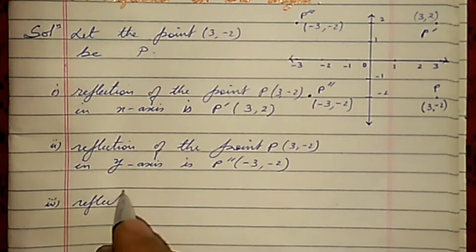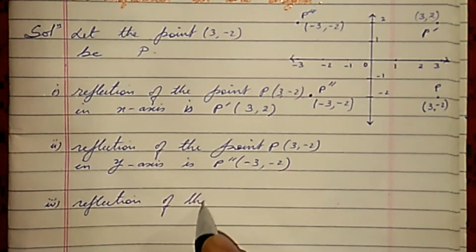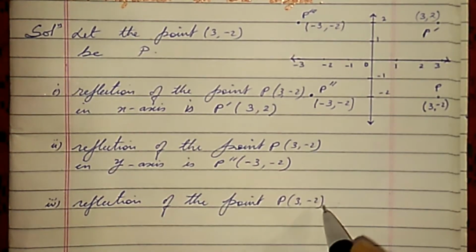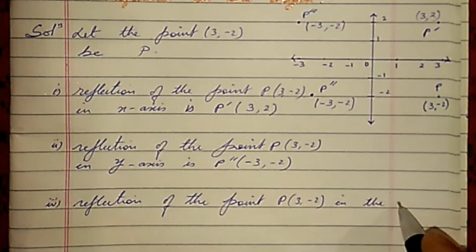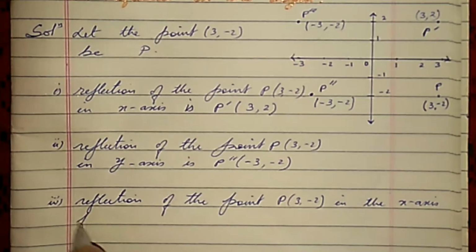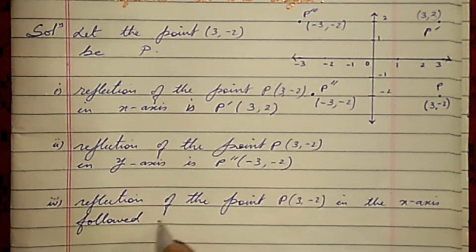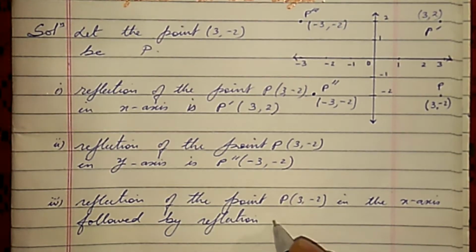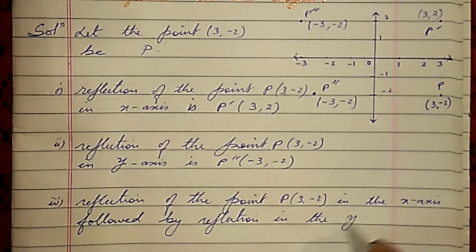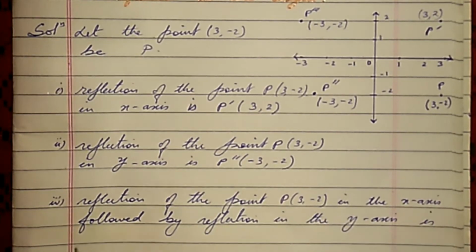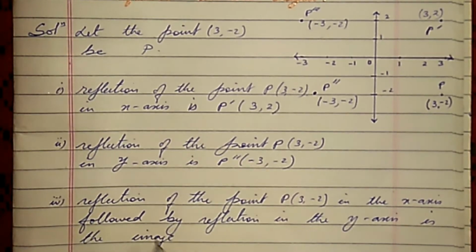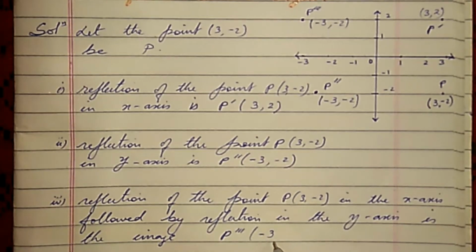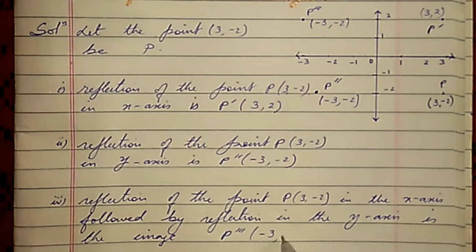So the reflection of the point P (3, -2) in the x-axis followed by reflection in the y-axis is the image P3 prime, and its coordinates will be (-3, 2).